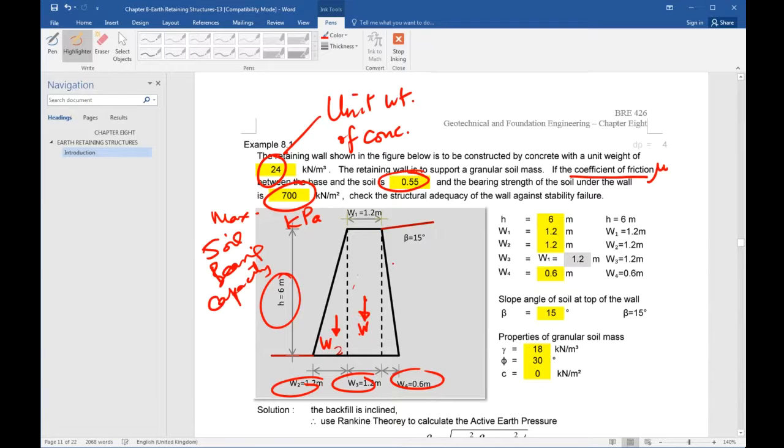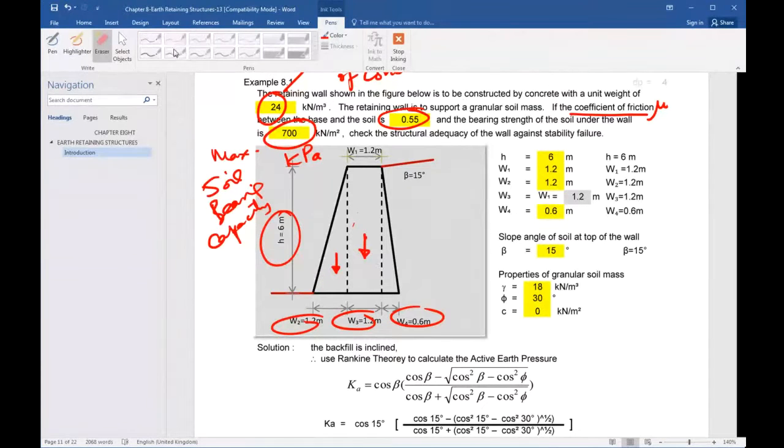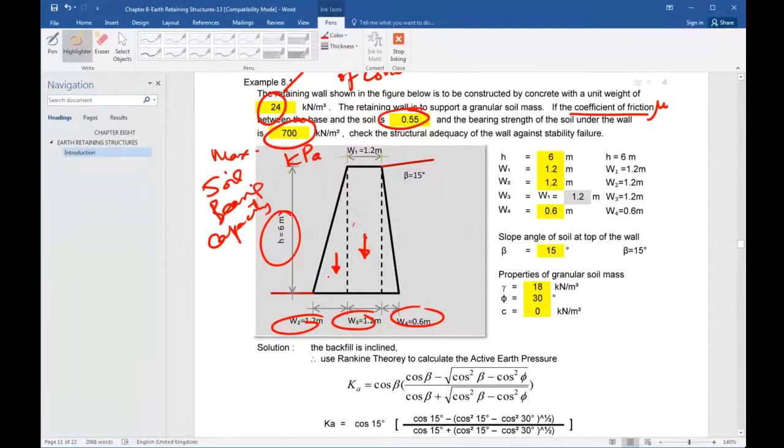Oh, so that is the width. Okay, I will not use W then. Now you can work out the individual weights, right? So F1, F2, and then F3.